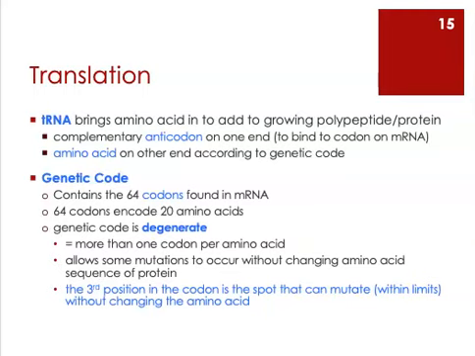It allows for some mutations to occur without changing the protein that will be made from that gene. Remember too that it's the 3rd position in the codon that is very wobbly. It's the 3rd position that can change quite a bit, and we'll still see the same amino acid placed in that position without changing the protein.